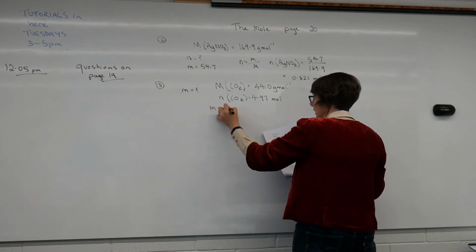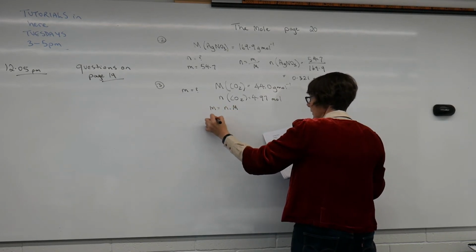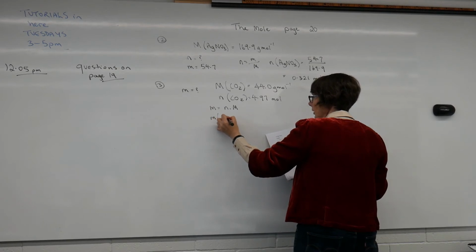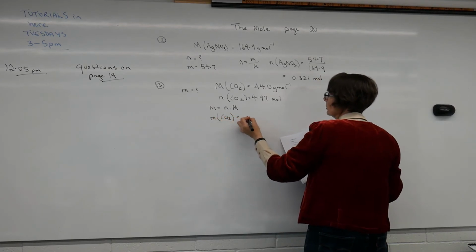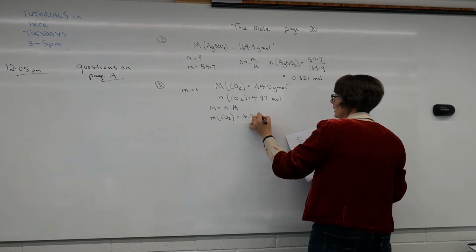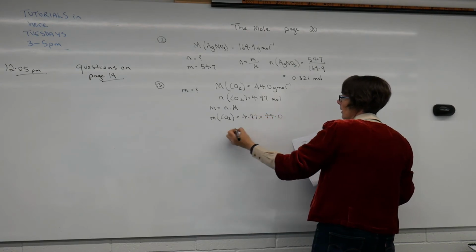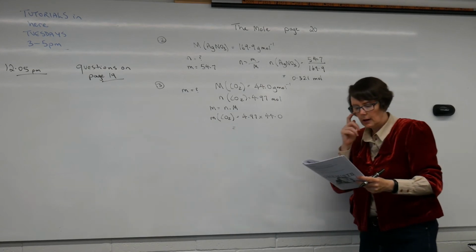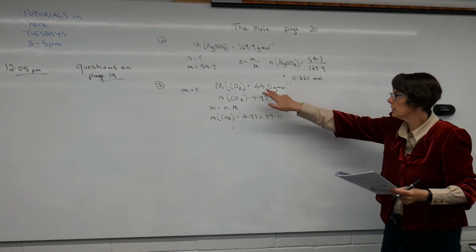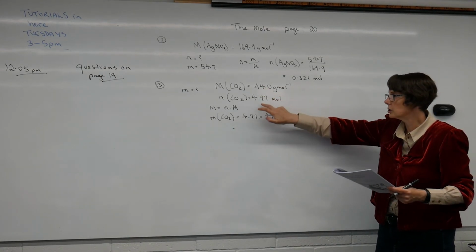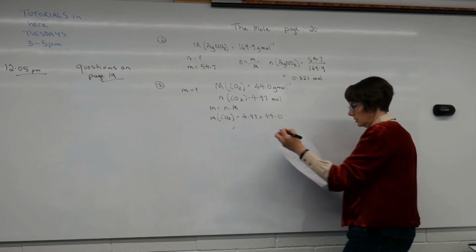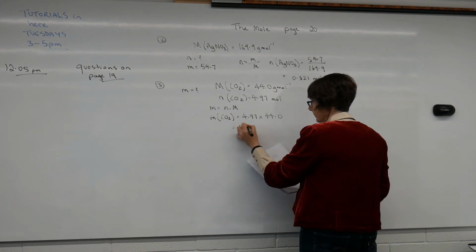So m equals n times M. The mass of carbon dioxide is equal to the moles times the molar mass. So our answer has to be to 3 sig figs because the 2 parts of our question were given to 3 sig figs.